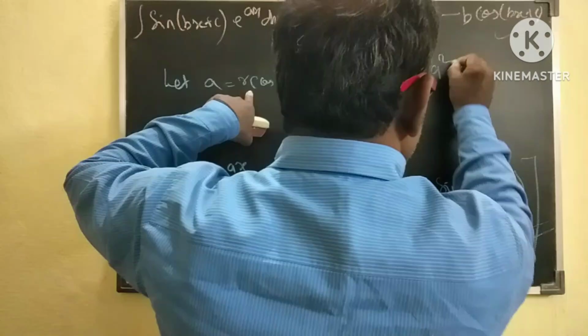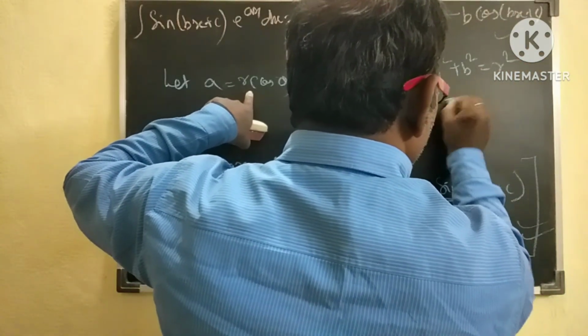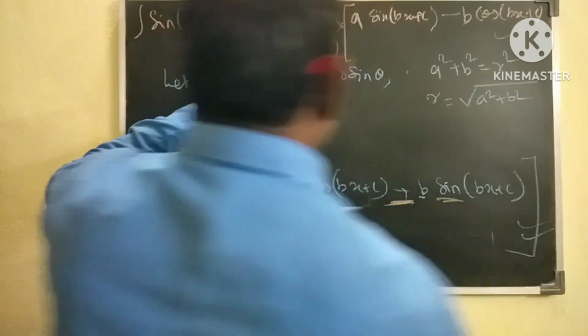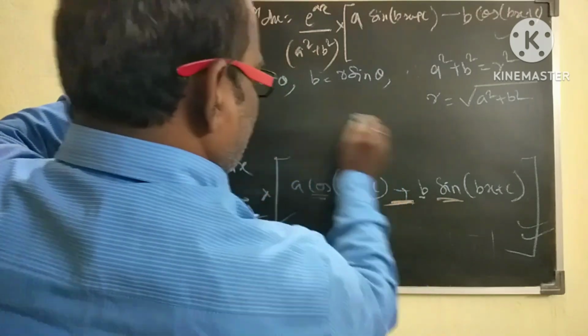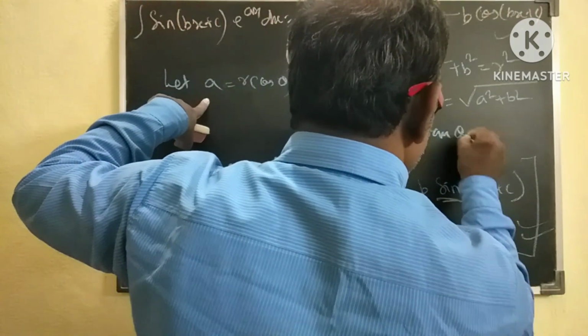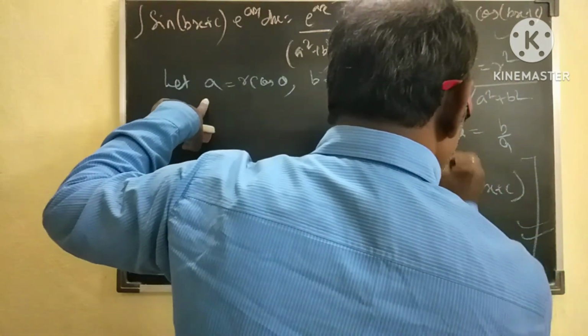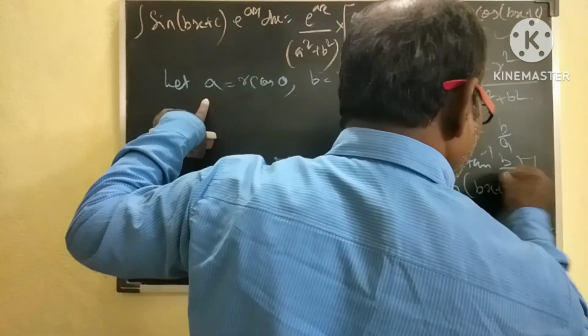Therefore a square plus b square is equal to r square, or r is equal to root over a square plus b square. Again dividing this by this, we would get tan theta is equal to b by a, or theta is equal to tan inverse b by a.